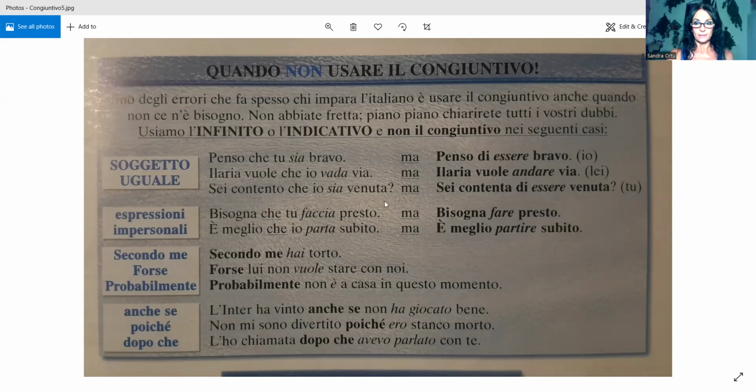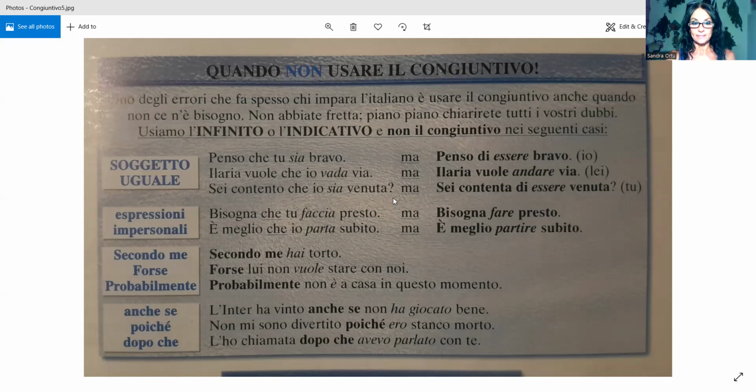Let's see other cases when you would like to use it, but you cannot. You should not. Espressioni impersonali, impersonal expressions, because we learned in the previous video that after impersonal expressions we use subjunctive. Let's see. Bisogna che tu faccia presto.